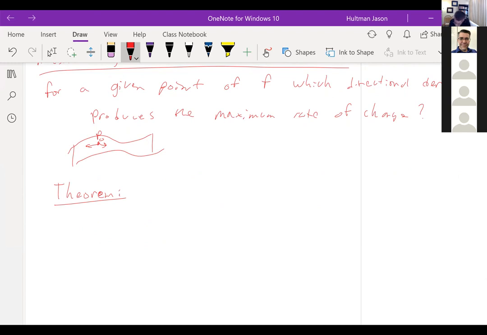Okay, so here's the theorem. Suppose f is a differentiable function of 2 or 3 variables.